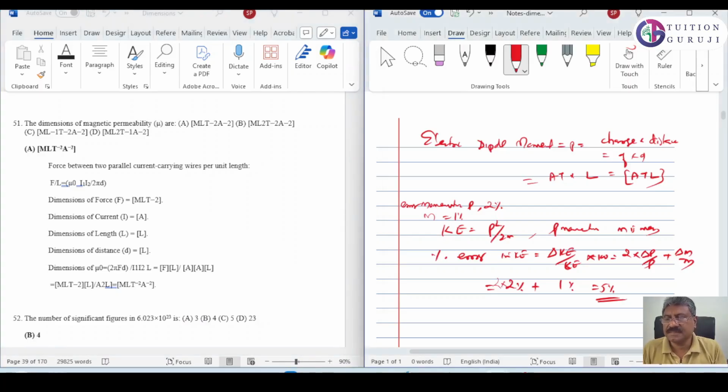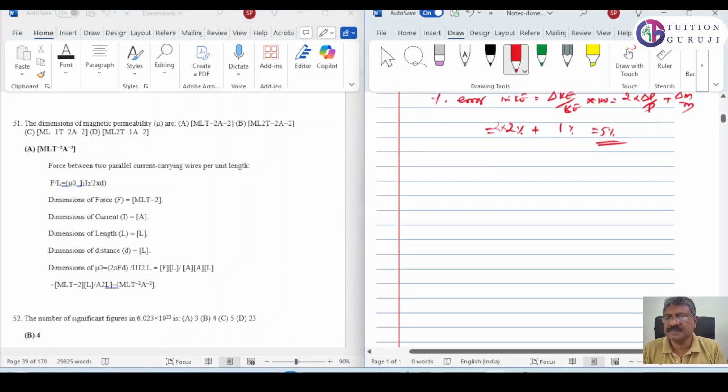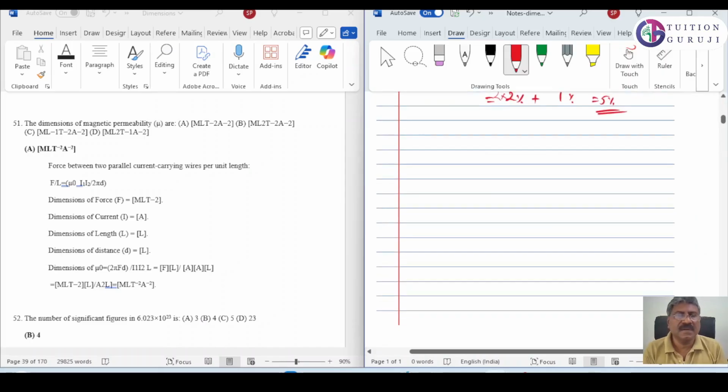Next is dimensions of magnetic permeability, mu. Dimensions of mu. So we know that F by L is equal to mu 0 I1 I2 divided by 2 pi d.